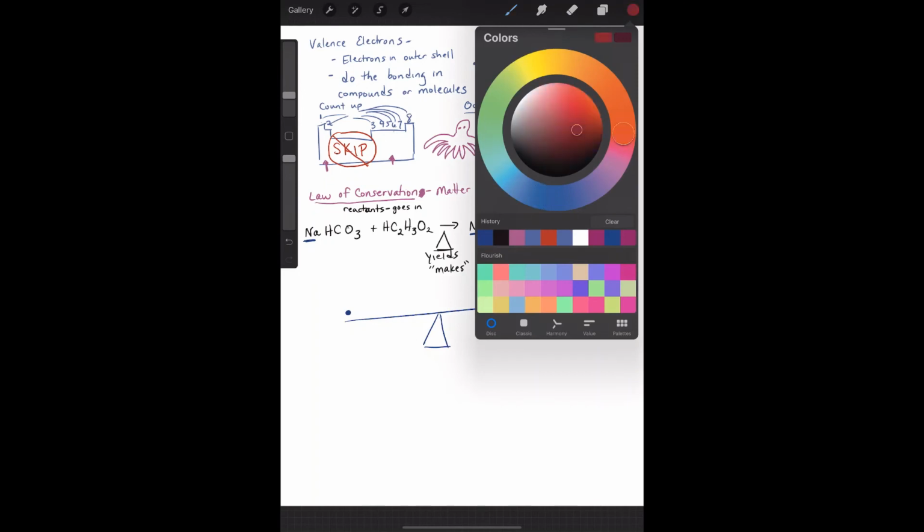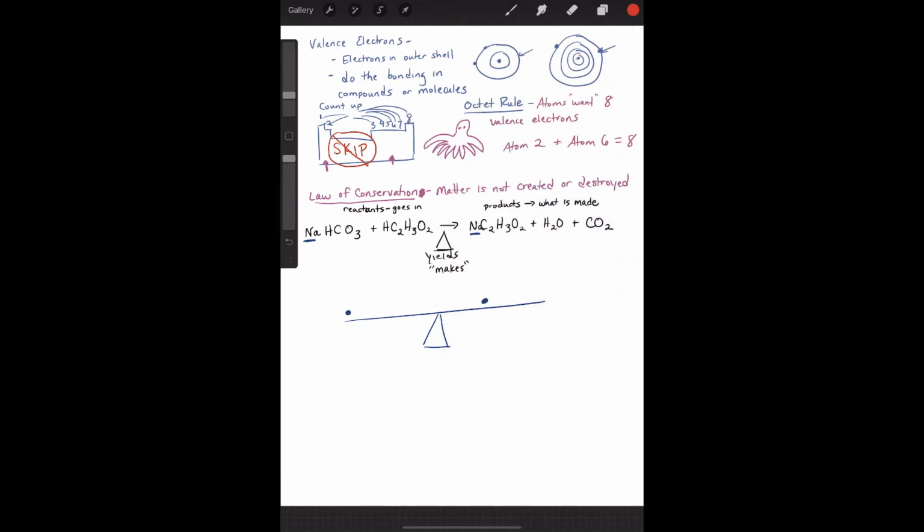Let's see, what other elements do I have here? I have hydrogen. I have 1 hydrogen here, 1 hydrogen here. Looks like I have 3 here. So 3, 4, 5 hydrogen. I'm just going to draw them out visually just to help me see. So now I have 3 here and 2, so that's also 5 hydrogen.